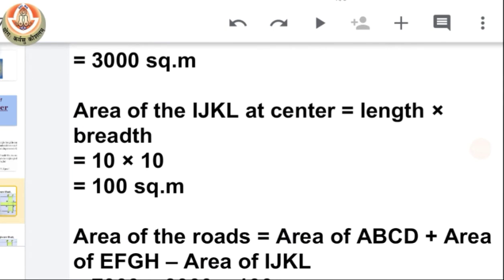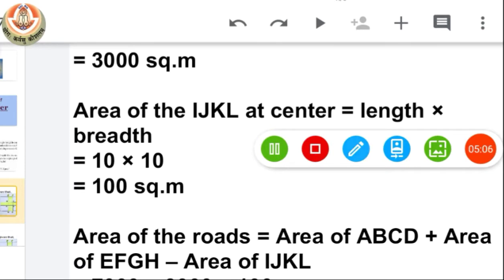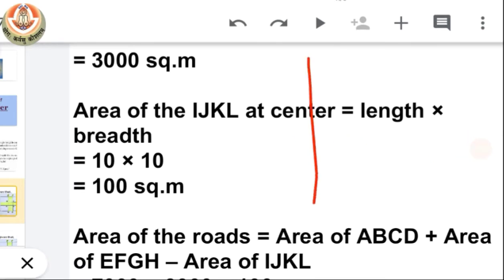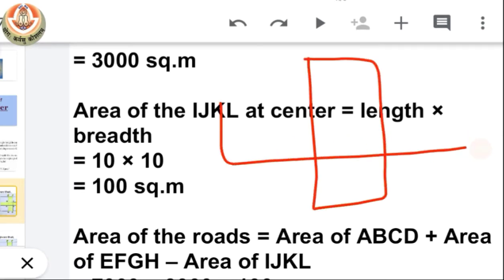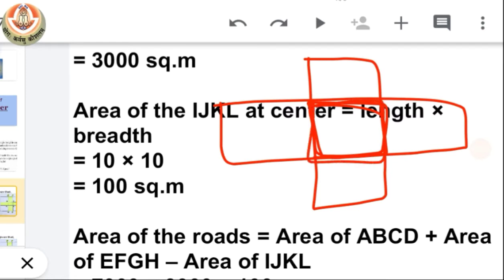Now area of the central portion IJKL. This is our one crossroad and this is our another. And this portion they are talking about here, IJKL, is in shape of a square with side 10 meters. So its area is 100 meter square.